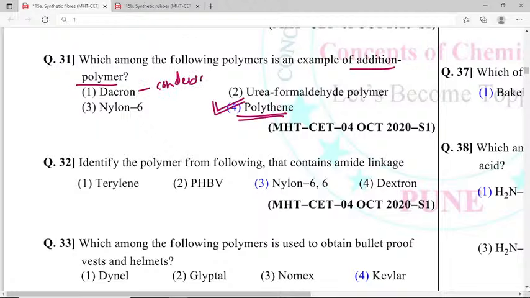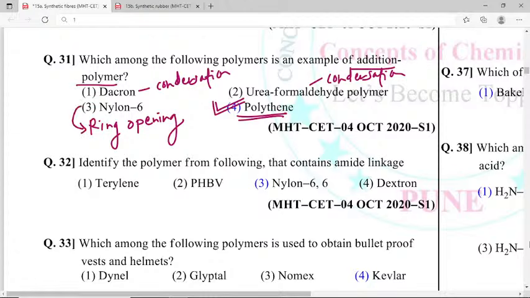Urea formaldehyde is again a type of condensation polymerization. And nylon 6 is an example of the ring opening mechanism. Next, polythene is the addition polymer.